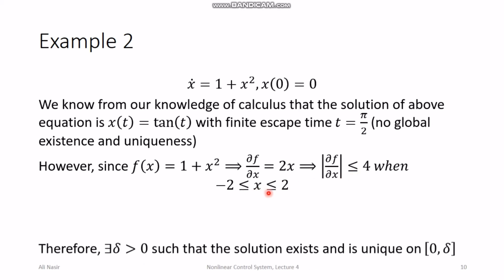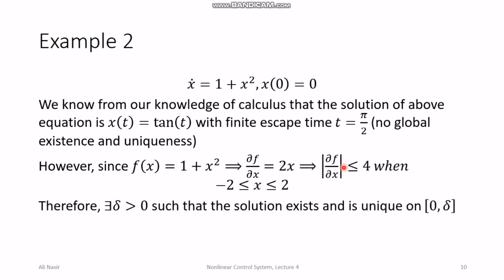If there is no bound on x, there is no bound here, and you cannot have global Lipschitz continuity, so that means you cannot have global existence and uniqueness. That we can know from our knowledge of calculus, but we want to know it from the theorem as well.